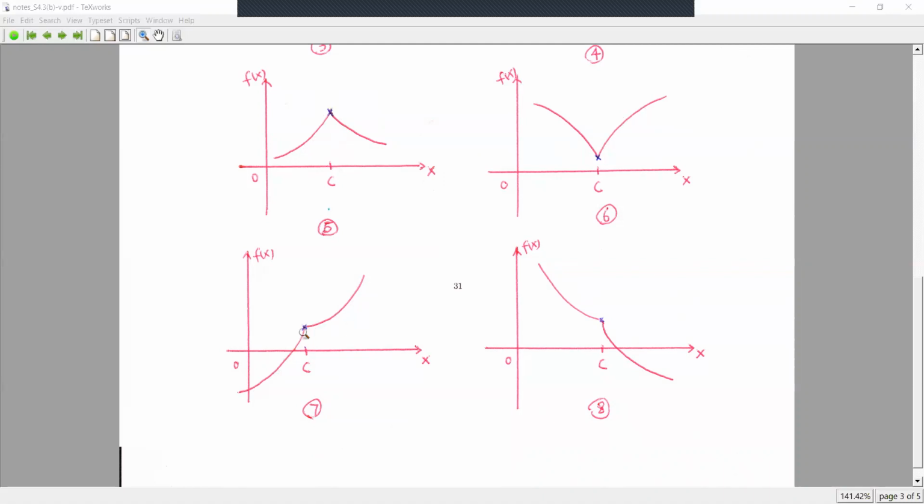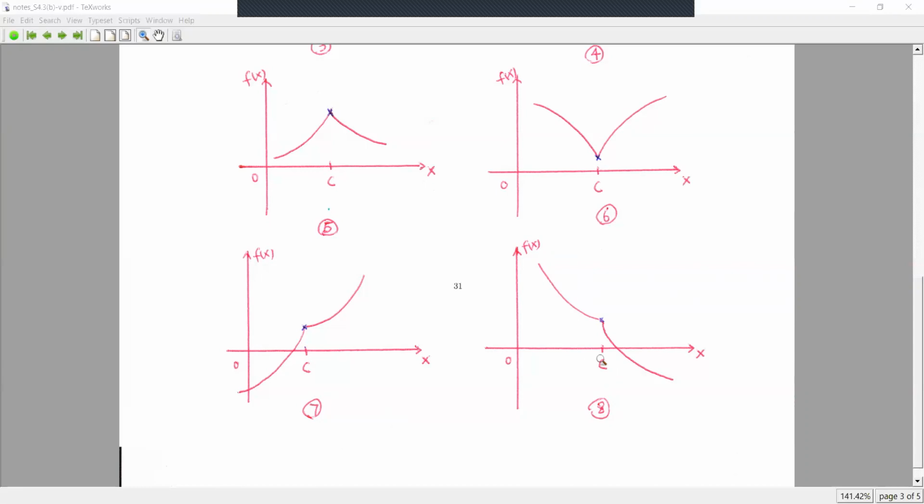This point, locally, is not the highest point, not the lowest point. This point is also locally not the highest, not the lowest point. So the function has no maximum, no minimum at point C.